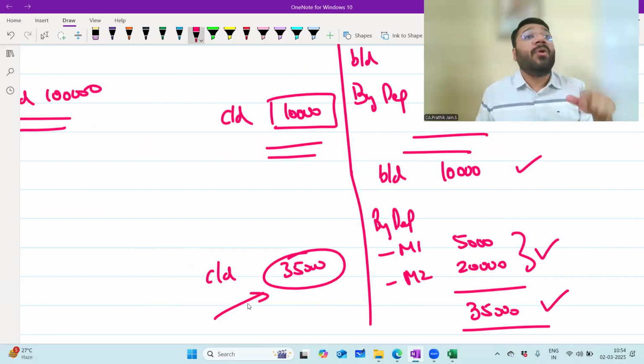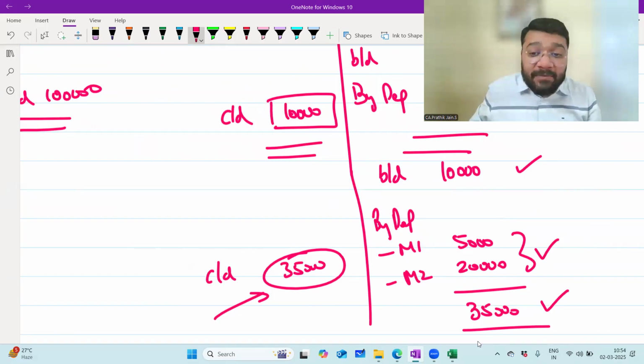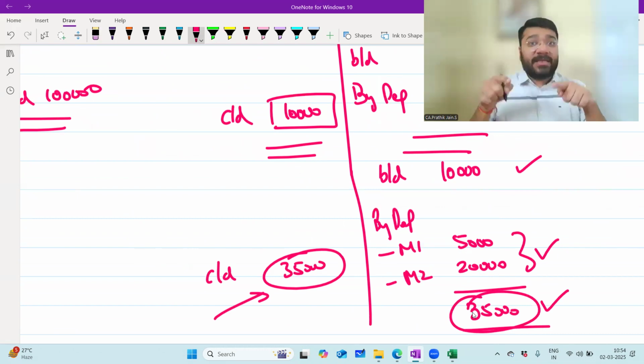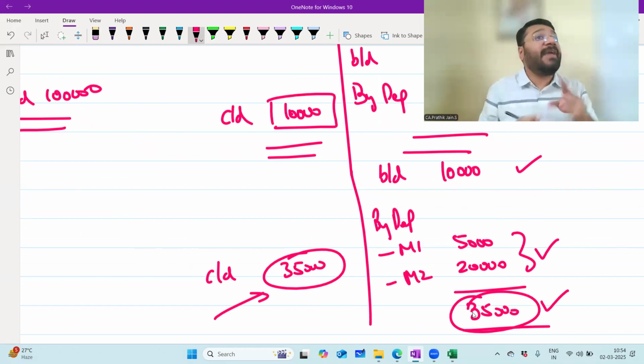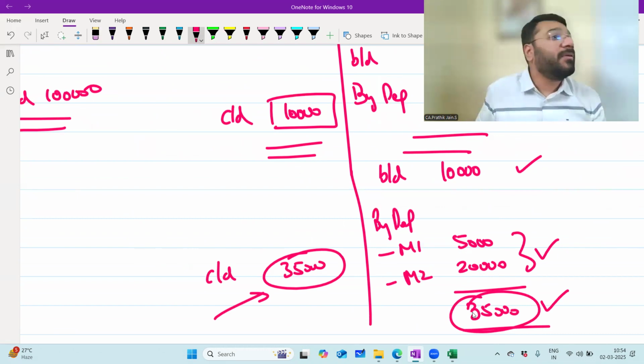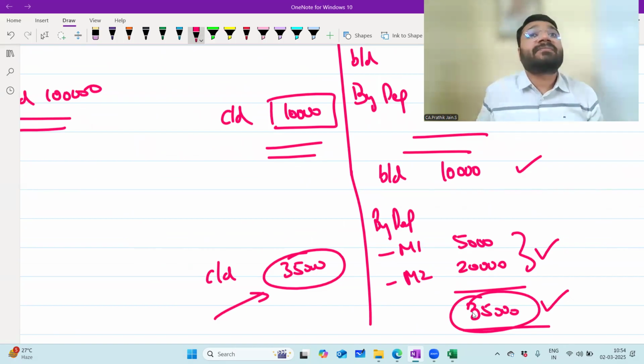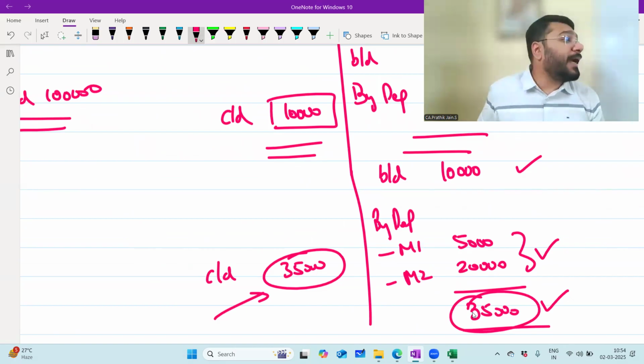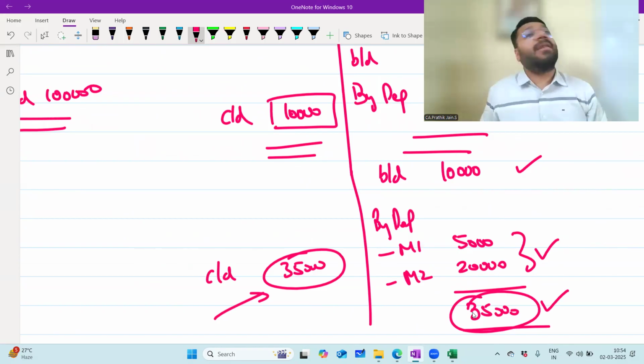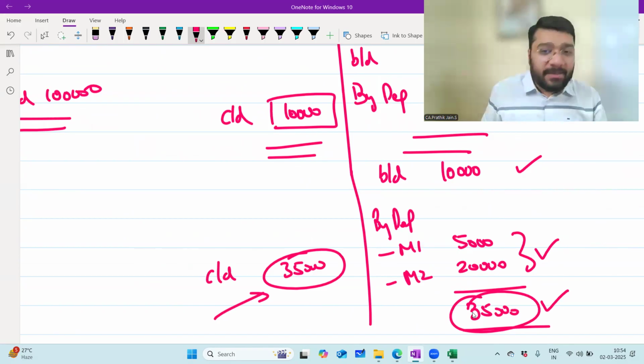Machine 1 is not continuing in the business. So whatever is the accumulated depreciation of machine 1, we have to remove it and take it where? To machinery account, asset account, or to asset disposal account if you're following the asset disposal method.